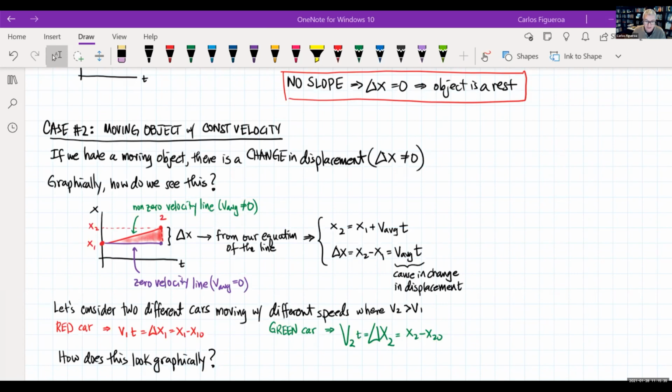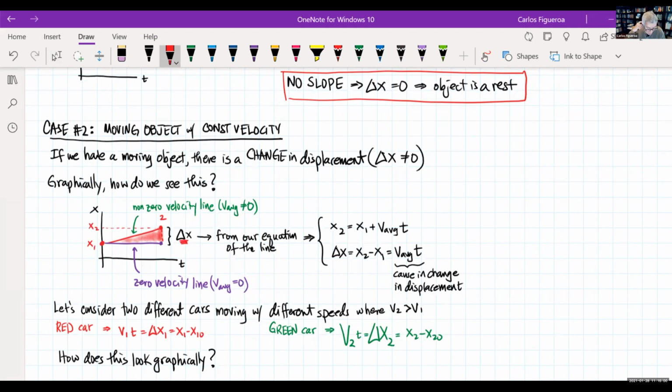So graphically, how do we see this? Well, remember the previous example in case 1 where we had an object at rest. The violet line here is my 0 velocity line. But if I've changed displacement, in other words, I have some delta x, then this red line implies that I must have a non-zero velocity line.